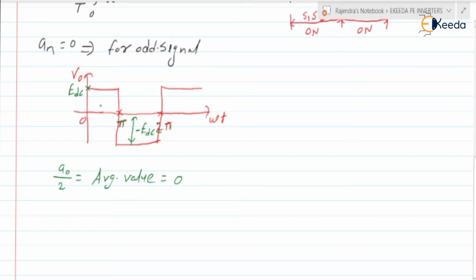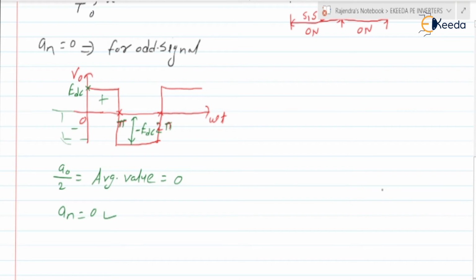Also, whether it is an odd or even signal: here a negative cycle follows the positive one, so it is an odd signal. For an odd signal, an is 0.